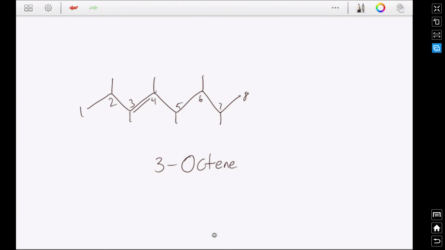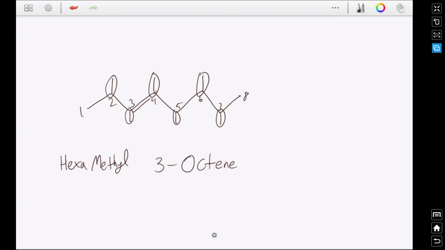Now notice we have a bunch of methyl groups. We have 1, 2, 3, 4, 5, 6 methyl groups branching off. I say methyl, but since we have 6 of them, I have to say hexamethyl.